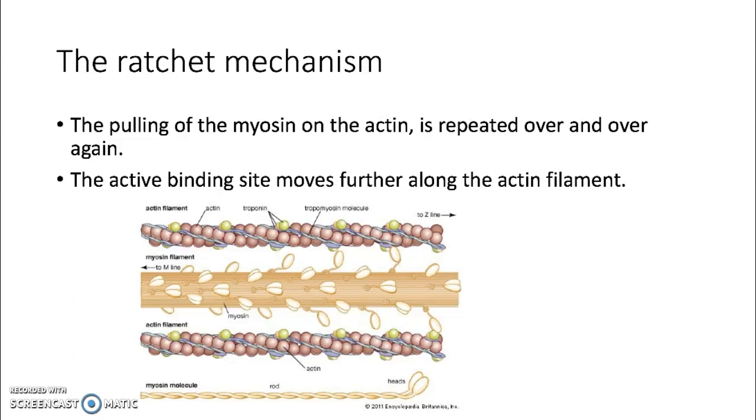When the ATP is broken down, the myosin head can also reattach to the actin binding site further along the actin filament and repeat the pulling motion. This repeated pulling motion of the actin over the myosin is known as the ratchet mechanism.